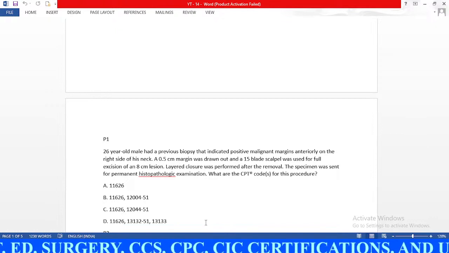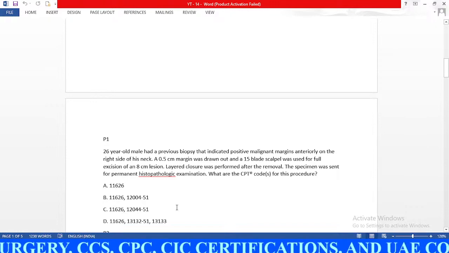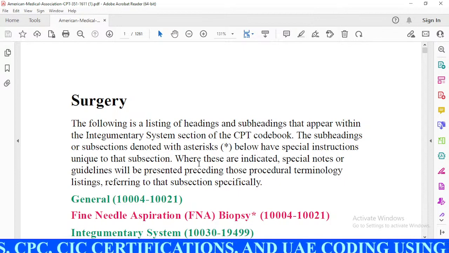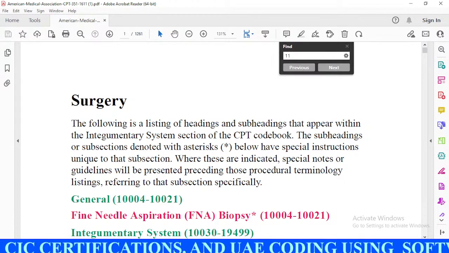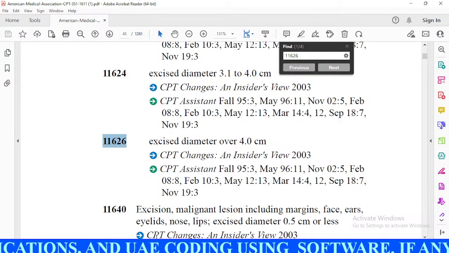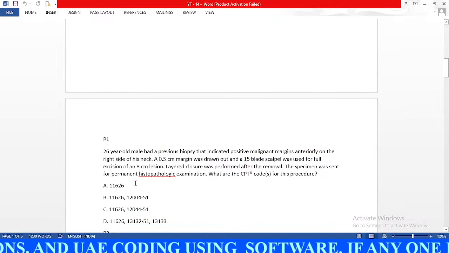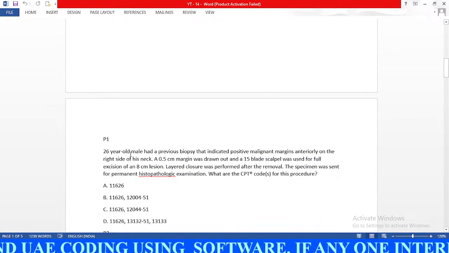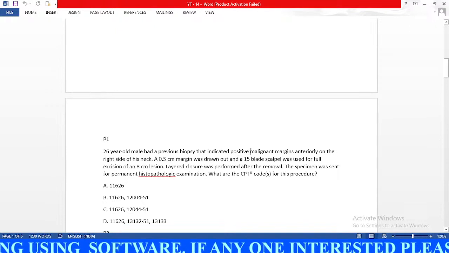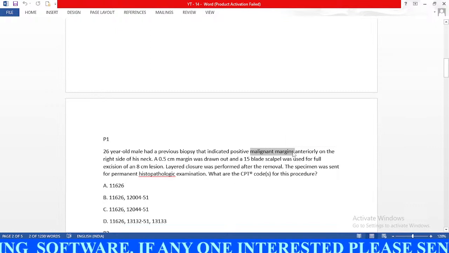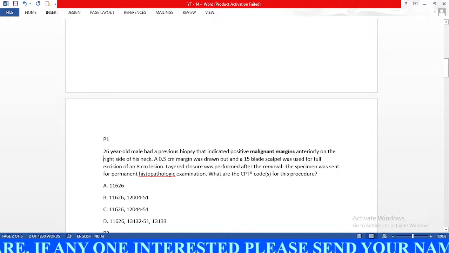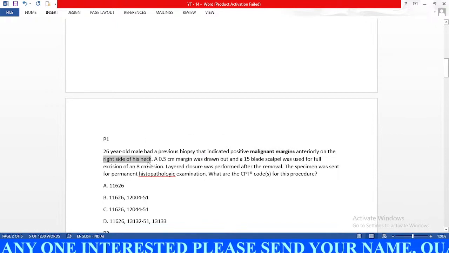Yeah, we will check 11626 first. First we will analyze the question, then we will discuss the answer. Basically here the patient is a 26-year-old male who has a previous biopsy that indicated positive malignant margin. Malignant margin means obviously the patient has malignancy, and the location of the malignancy is on the neck.